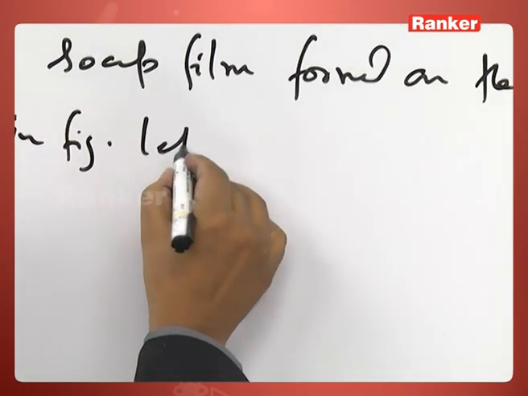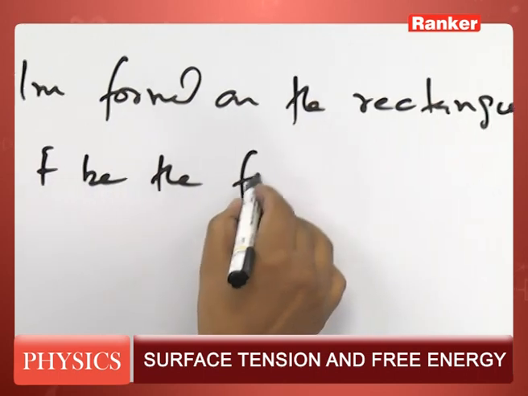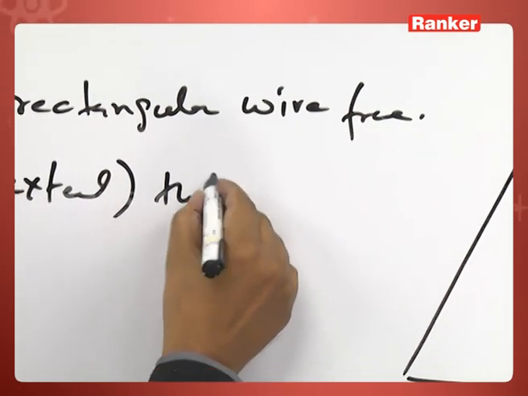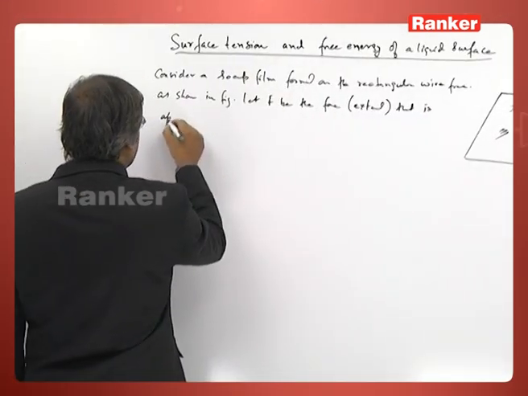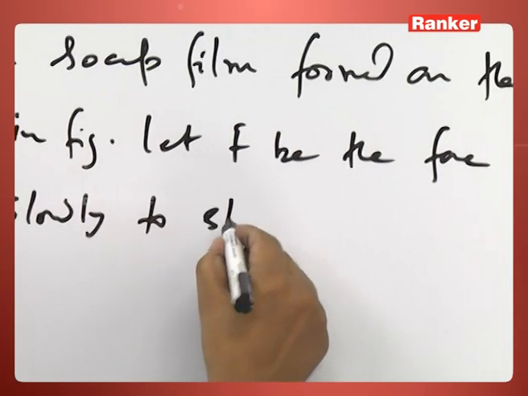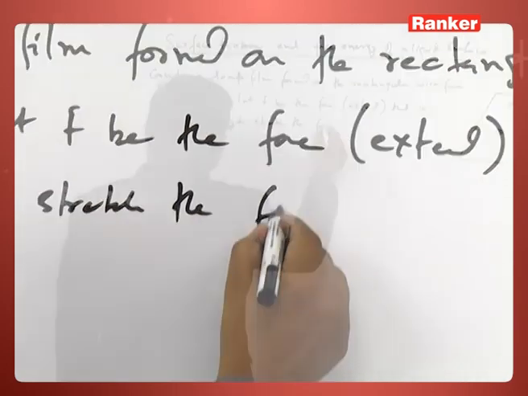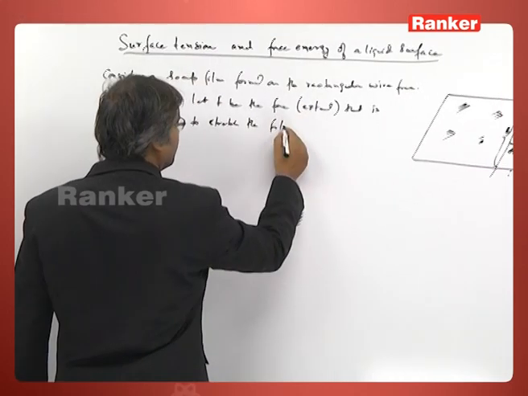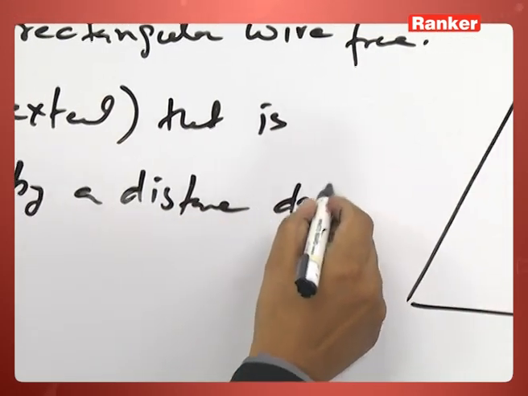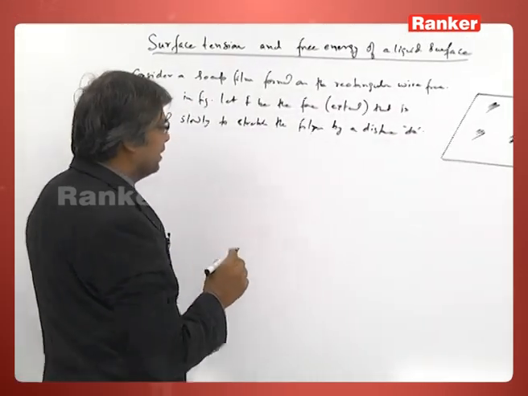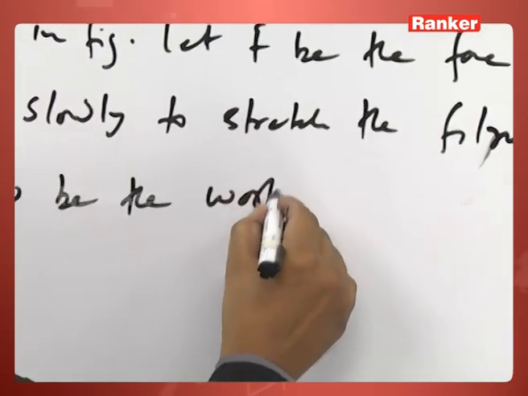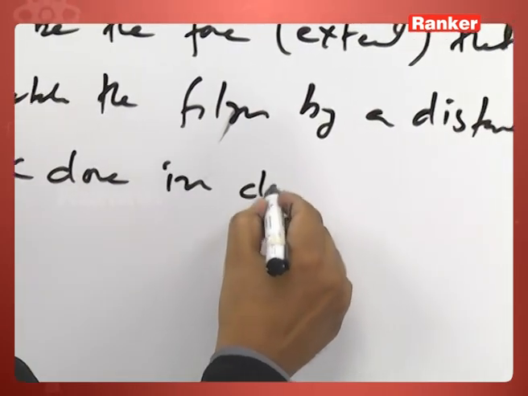Now, let F be the external force that is applied slowly to stretch the film by a distance dx. Let dw be the work done in doing so.